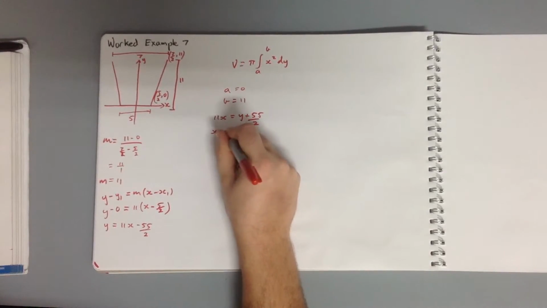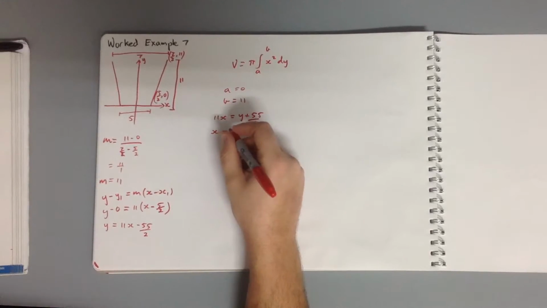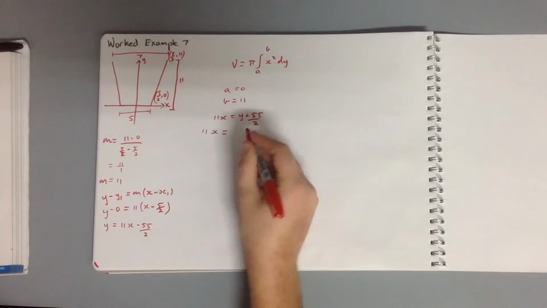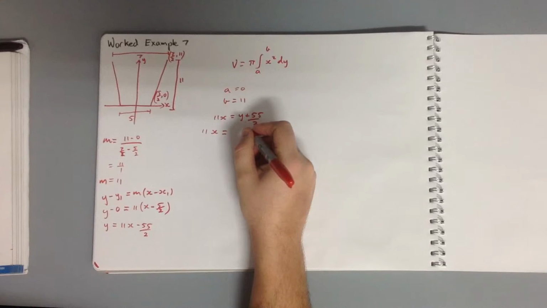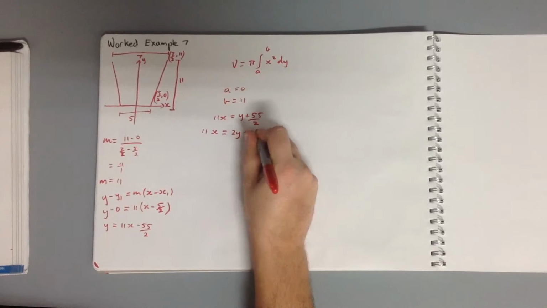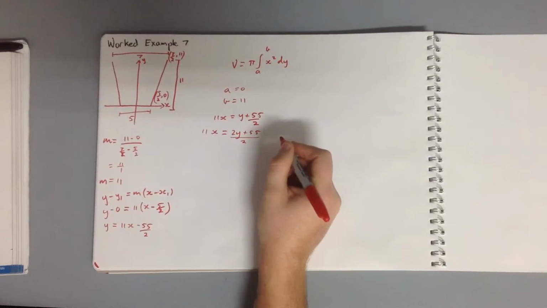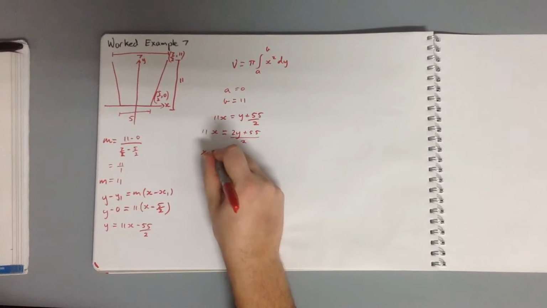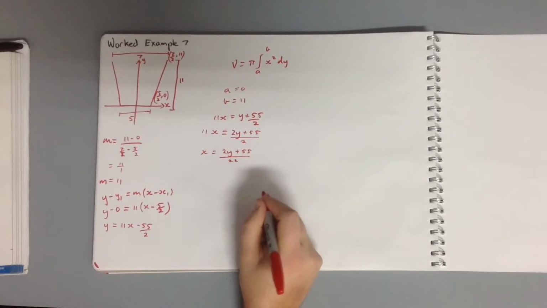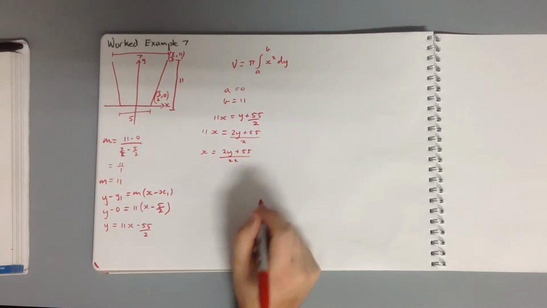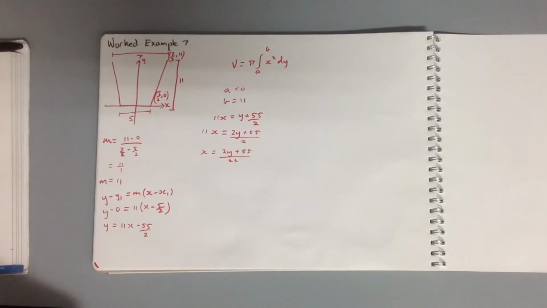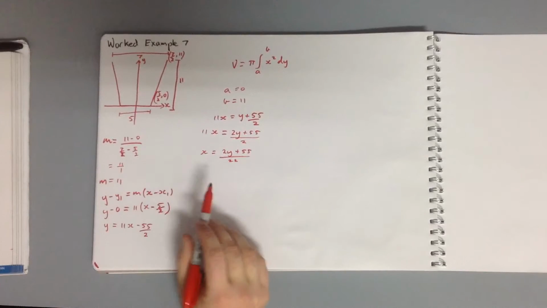So x equals, sorry, we can probably simplify this a little first to make our life easier. We can make it 2y plus 55 on 2, which means x equals 2y plus 55 on 22. We won't need to simplify it anymore, so we can just get organised now with our equation.